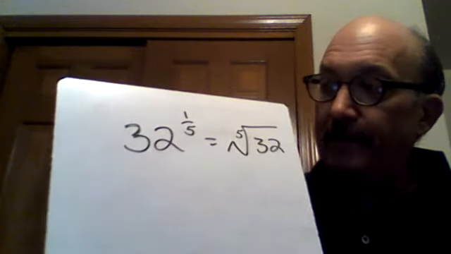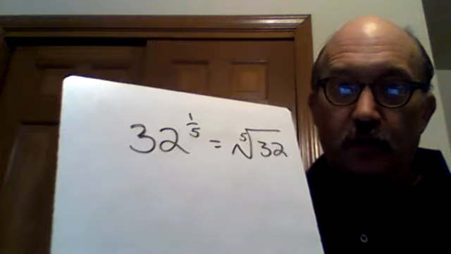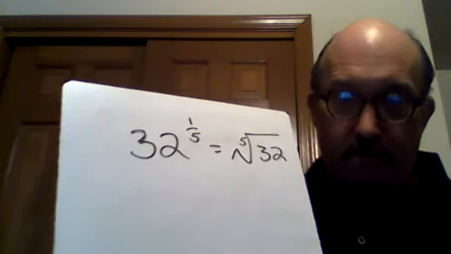Let's multiply 32 to the 1/5 power, 5 of them together. 32 to the 1/5 times 32 to the 1/5 times 32 to the 1/5 times 32 to the 1/5 times 32 to the 1/5.